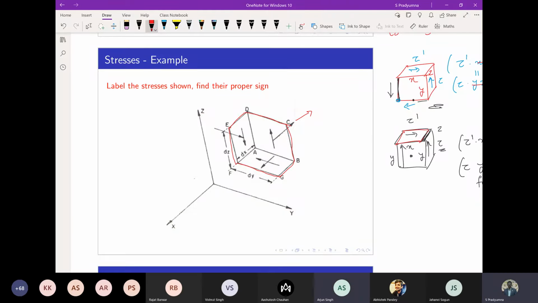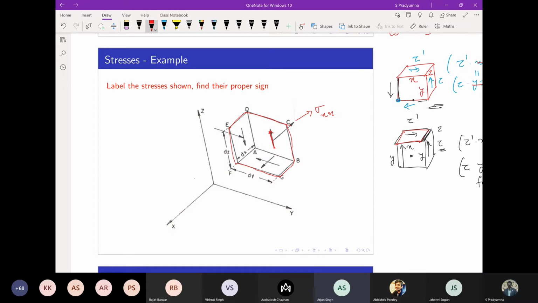So this is a normal stress. What is the name of the stress, in terms of tau, sigma? Sigma x, or sigma xx, fine. And what about this one, the red one?